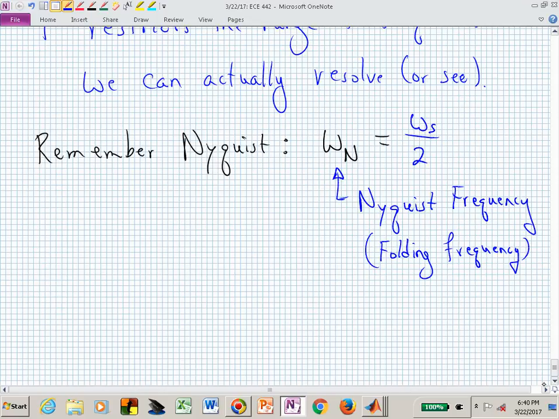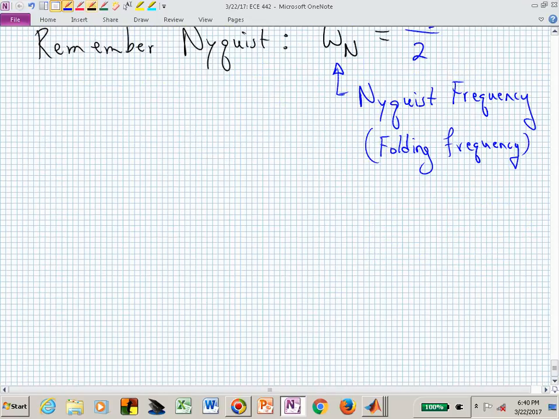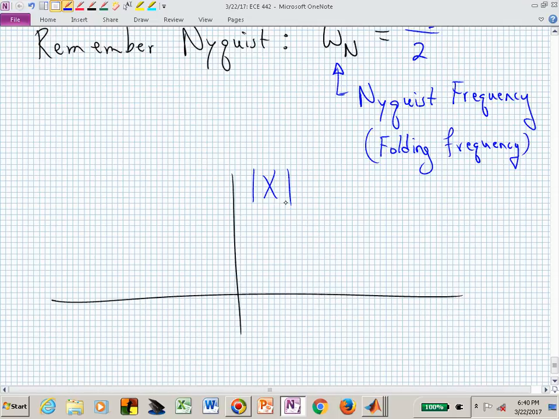But pictorially, what we have is the following picture. If I plotted the magnitude of a signal's absolute value, its frequency response, and let me just give it a generic shape that's easy to draw. Let's say that it's now sort of this triangular shape, and let's say that the highest frequency I will just label as omega sub h, and now its mirror image is visible on the negative frequency side.